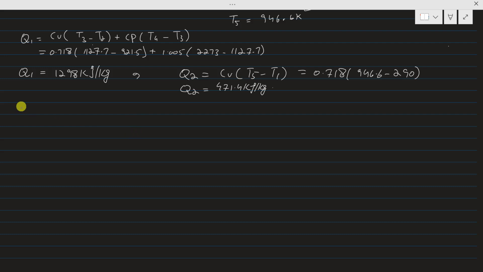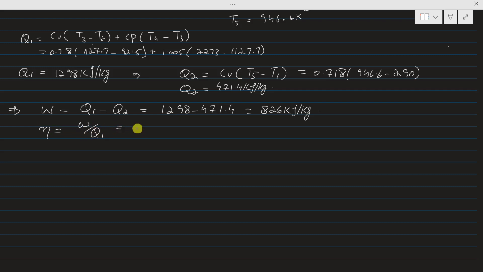Okay. Next, to find the net work output, that is denoted by W, and it will be equal to Q1 minus Q2, and it will be equal to 1298 minus 471.4, and you will get its value, that is almost 826 kilojoule per kg. So the efficiency is equal to the net work output divided by heat supplied.